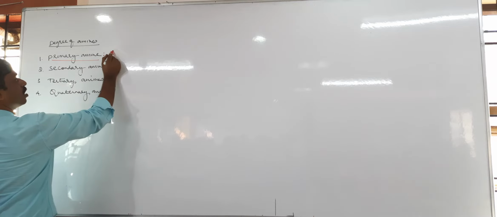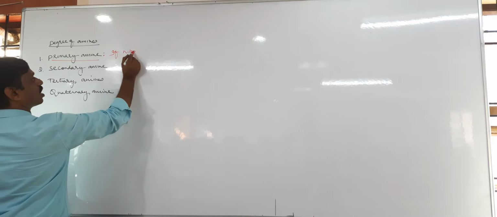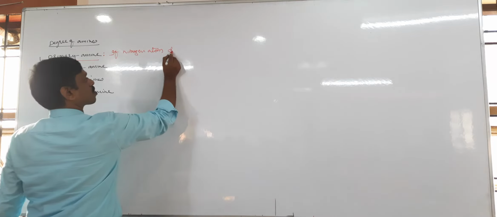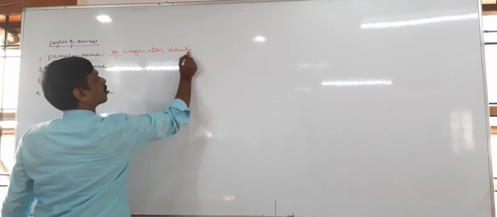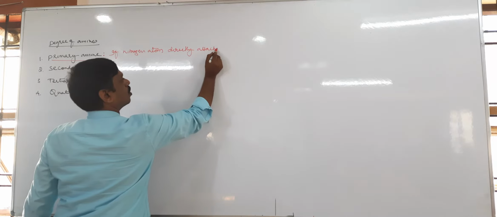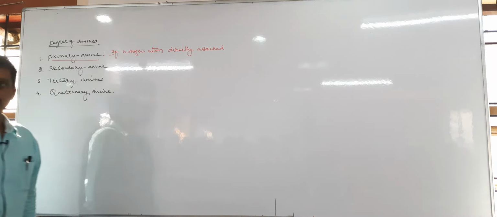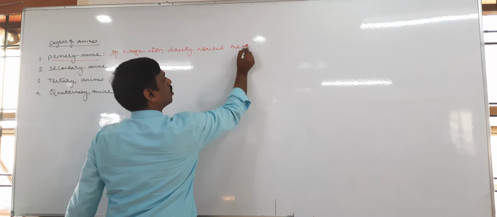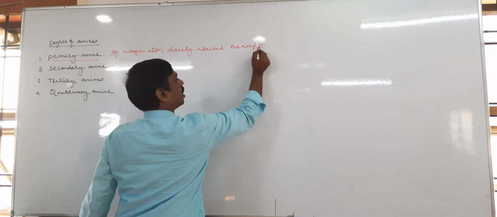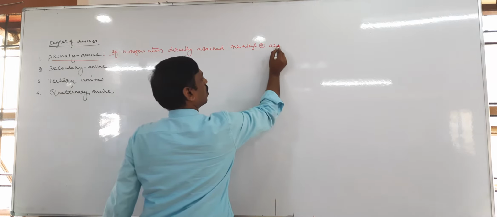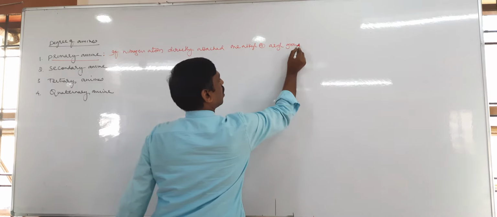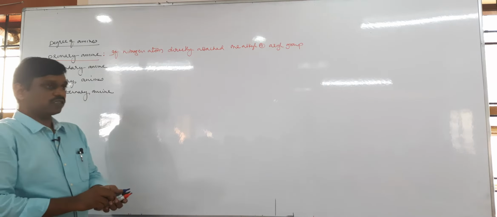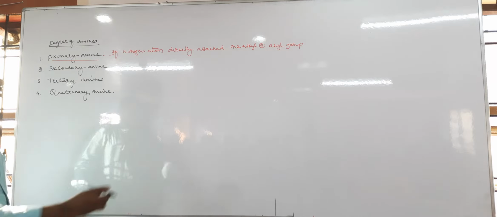What is primary amine? If the nitrogen atom is directly attached to one alkyl or aryl group, it is called primary amine.